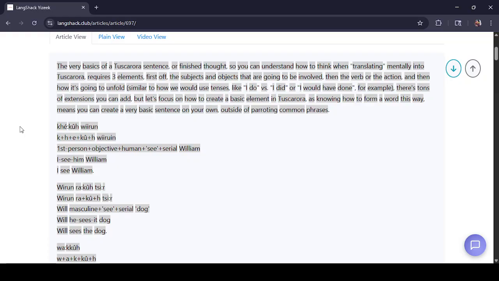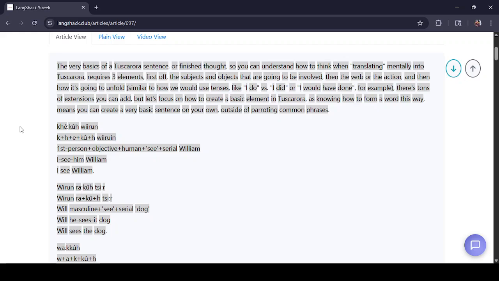So for this example, we got the same k, so we don't have to explain this, right? This is the present tense essentially. This is the see, and then this is the k. Okay, so that's the same k that we have up here for I see him. So I see William, right? You have ketun, right?